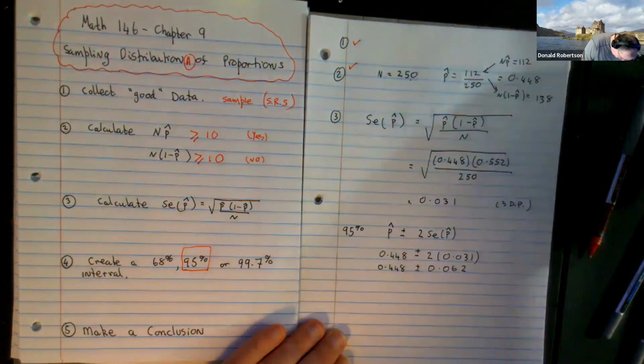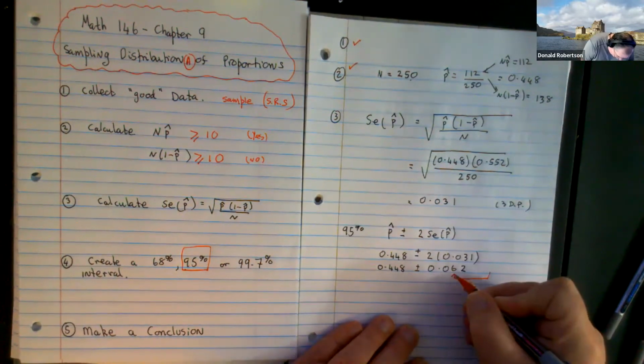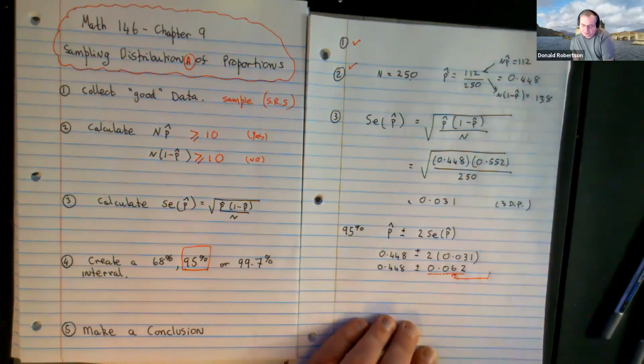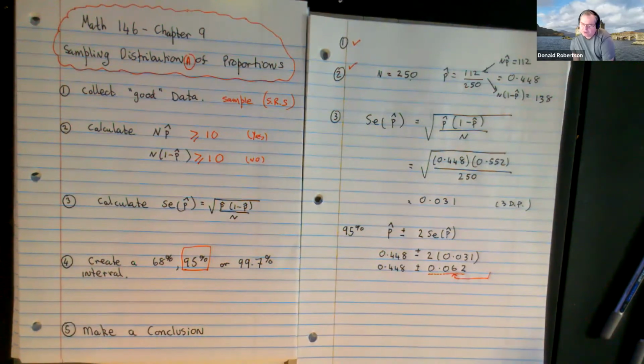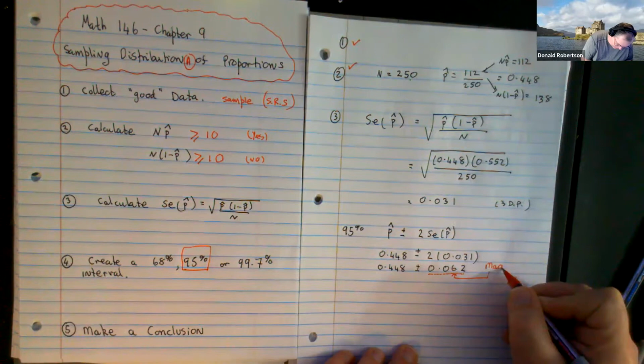And yesterday, I told you the name that we give to that piece, the plus or minus 0.062. What's that called? It's actually 3 words, but what's its name? Last chance. It's called the margin of error.